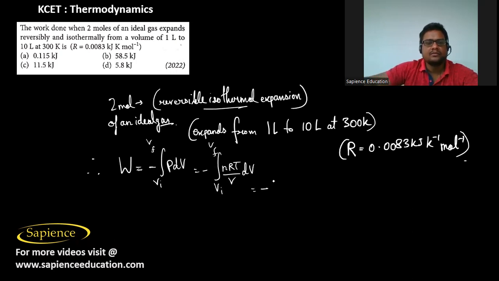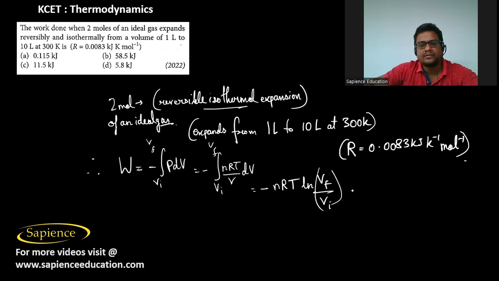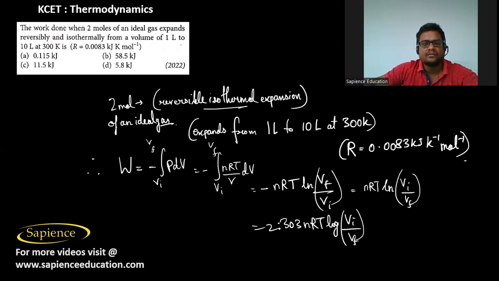That will be equal to minus nRT ln V final by V initial, or I can say it is nRT ln V initial by V final, or 2.303 nRT log V initial by V final. It will be negative work done only, but we have to take the mod of that.